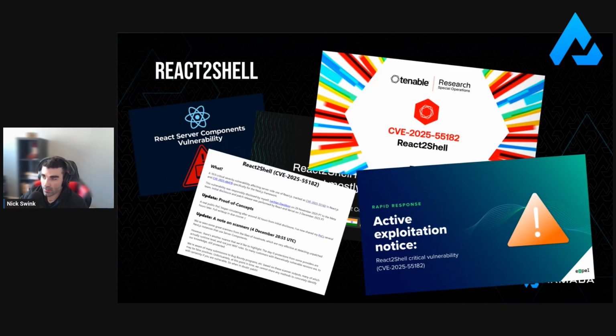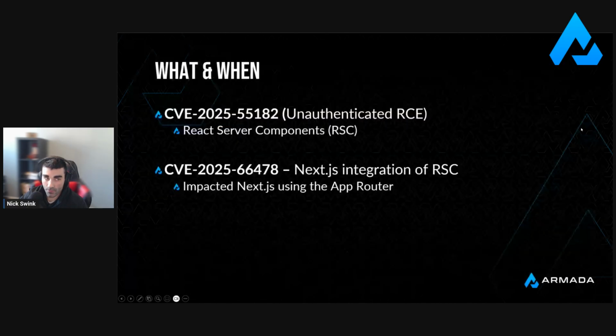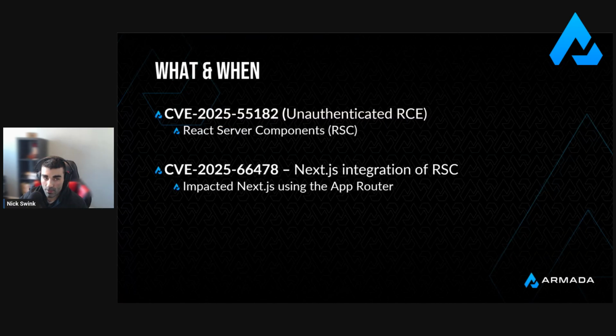We can dive into the what and when of React2Shell. So the main CVE here, which is the actual vulnerability, was this first one. It's a completely unauthenticated remote code execution vulnerability in React server components.